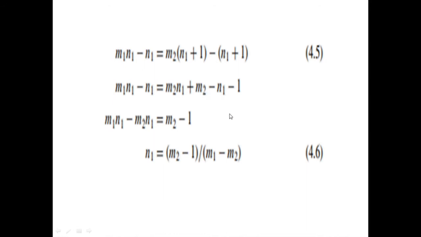Here m1 n1 minus m2 n1 is equal to m2 minus 1. Therefore n1 is equal to m2 minus 1 upon m1 minus m2. This is equation 4.6.